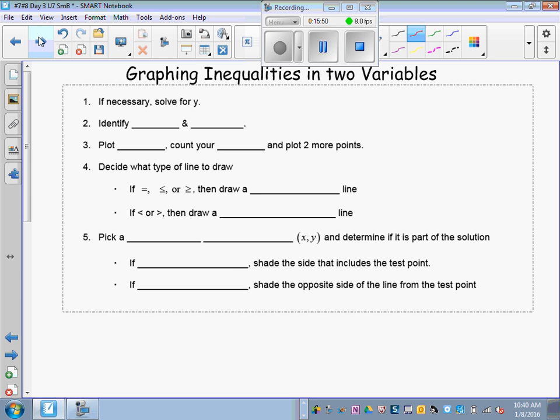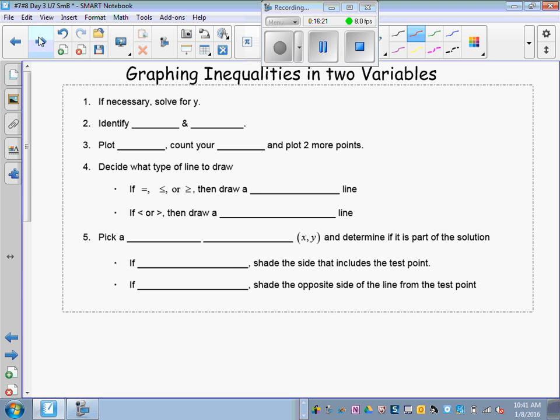All right, so we need to solve for y if it's not already given to us in y, just like we've been solving for y all along.